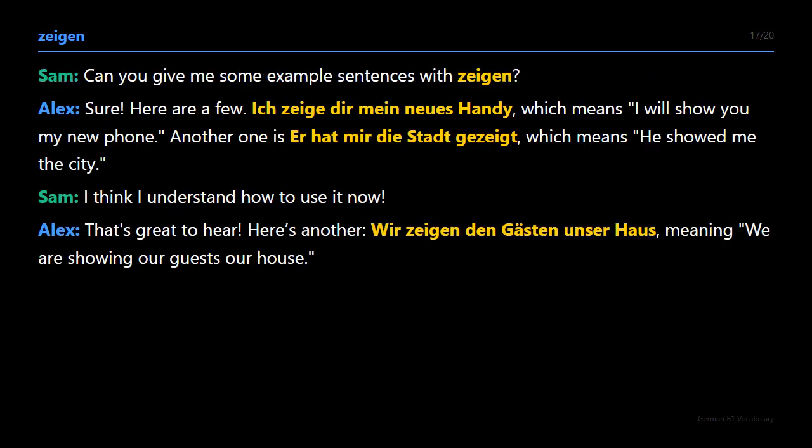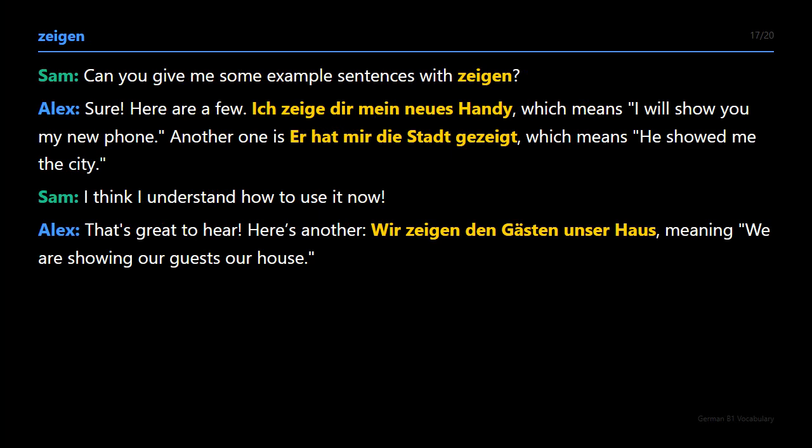Can you give me some example sentences with zeigen? Sure. Here are a few. Ich zeige dir mein neues Handy. Which means I will show you my new phone.